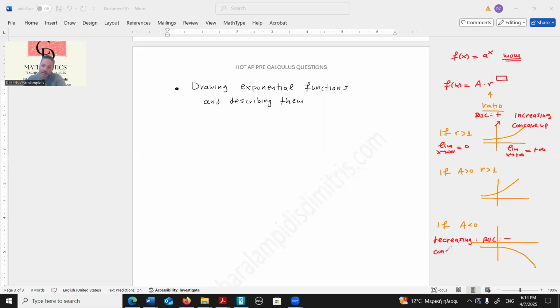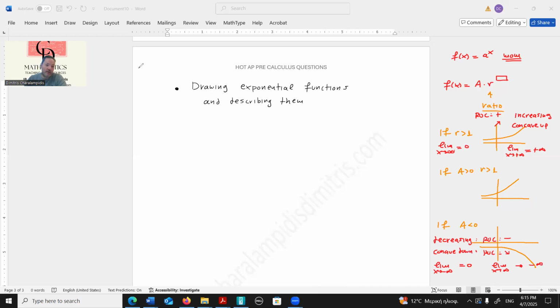It is concave down, which means that the rate of change is decreasing. And the end behavior has also changed. As x tends to minus infinity, it is tending to 0, but as x tends to plus infinity, it goes to minus infinity.